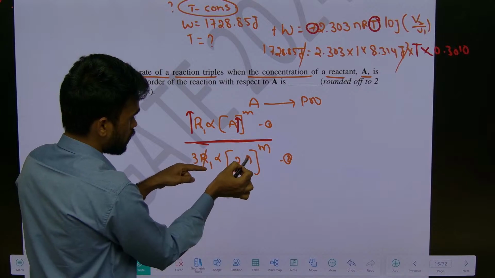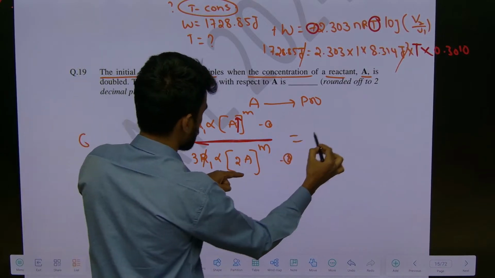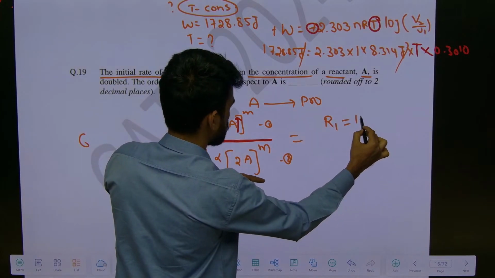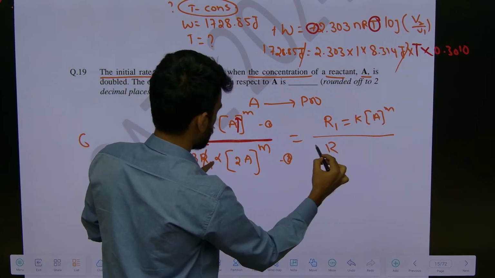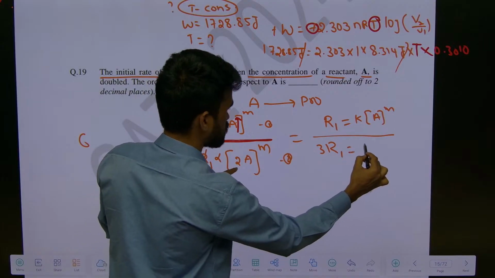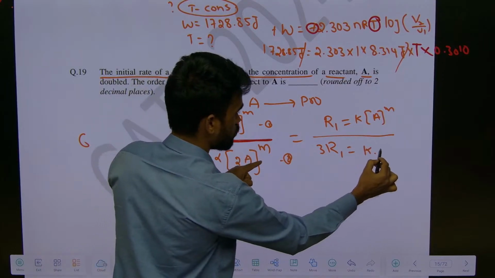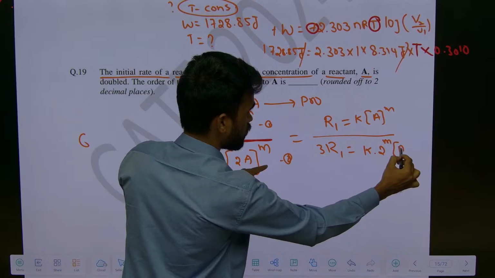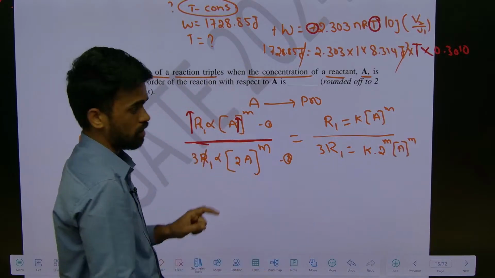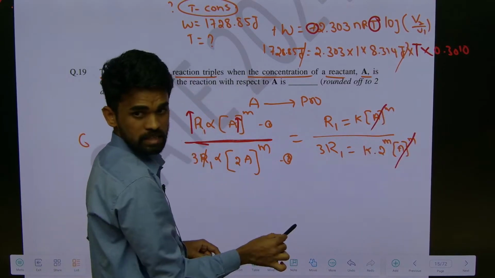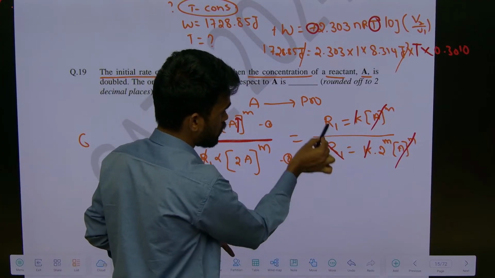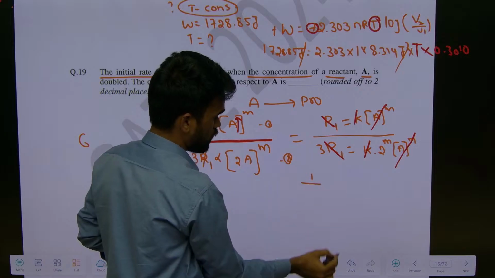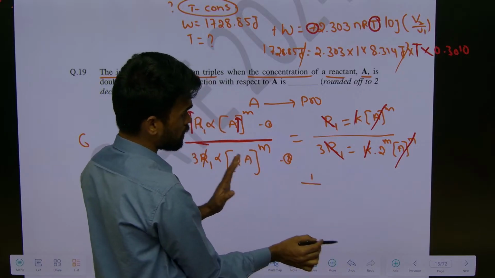Here I can write R1 equals K A power m, and R2, that is nothing but 3R1 equals K 2 power m A power m. Can I write like this? Yes. K also cancelled, R1 cancelled.